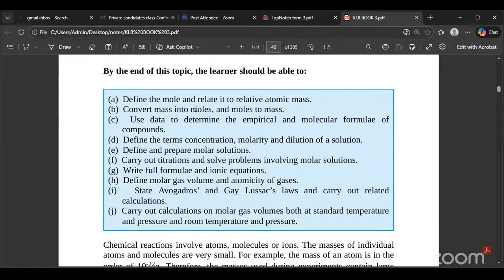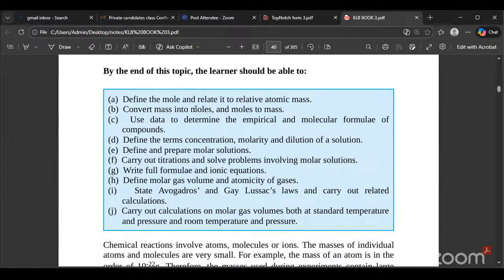Now, the definition of terms you'll find that we're going to talk about, the concentration, the molarity, and the dilution of a solution, actually they are the same. We are just changing a very small part of it. Now, preparation of molar solutions, again, we'll be dealing with the math.